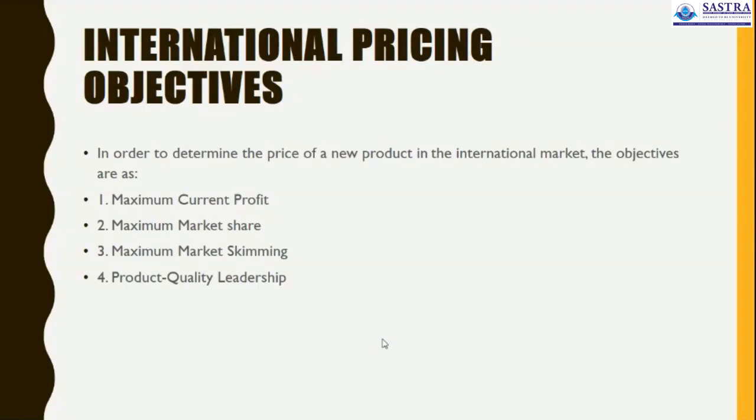It means 15% market share. Or in that market, 500 products are sold, out of which your products are 100. So it is 20% market share.